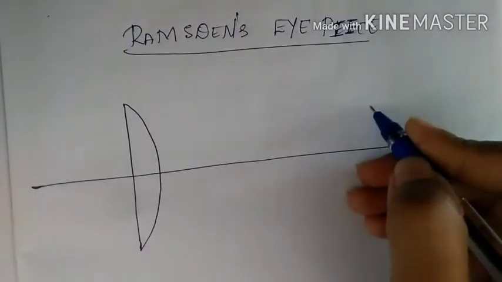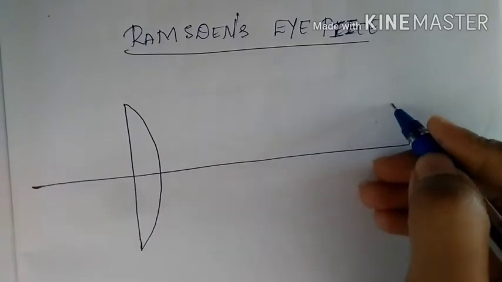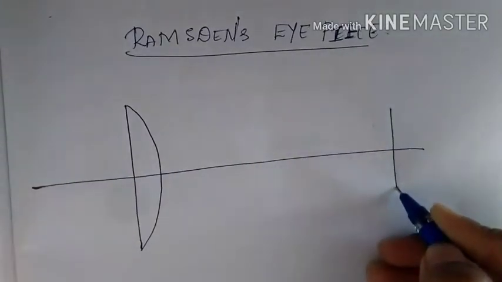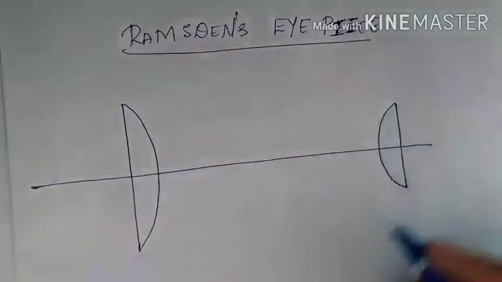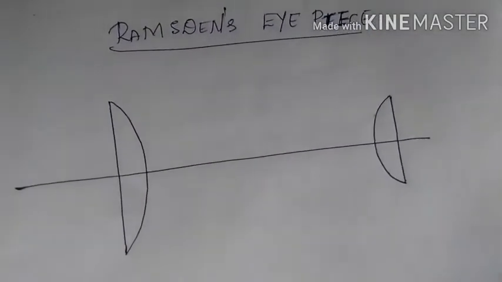Let's suppose this is the eyepiece. This is the eye lens. The total system forms the eyepiece.